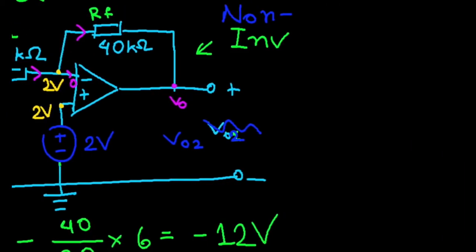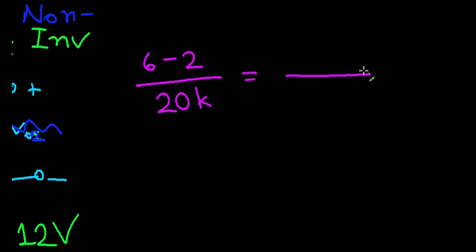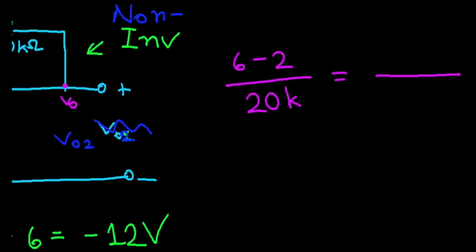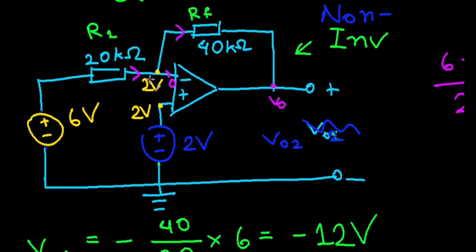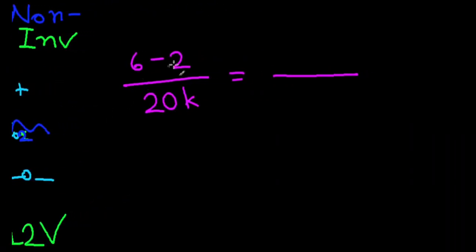So 6 minus 2, that's the voltage difference for the current entering, divided by our resistance, which is 20 kilo ohms. This is equal to the current exiting, which is 2 minus V output divided by 40 kilo ohms.